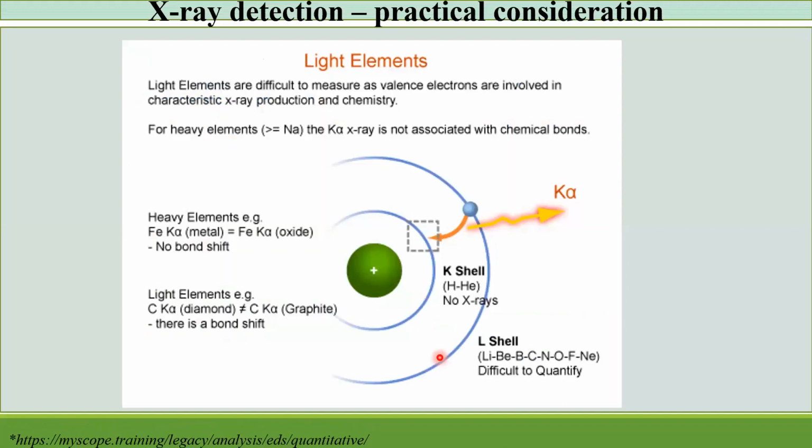So there are practical limitations on the lighter elements, in particular towards EDS. The light elements are difficult to measure, as valence electrons are involved in characteristic X-ray production chemistry. For heavy elements more than sodium, the K alpha X-ray is not associated with chemical bonds. In that sense, lighter elements won't give you efficient results. So what I do is, even for an oxidation sample, we try to avoid the oxygen peak.